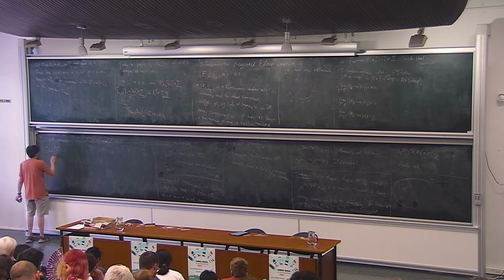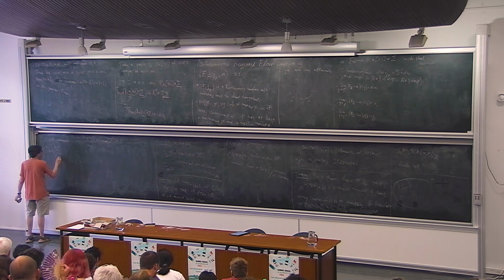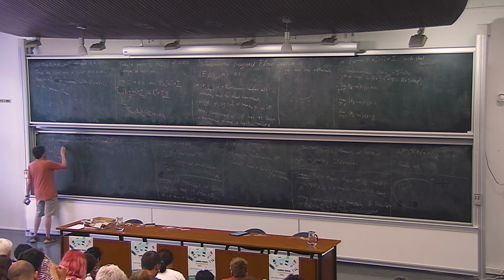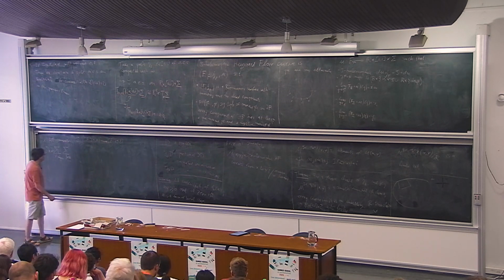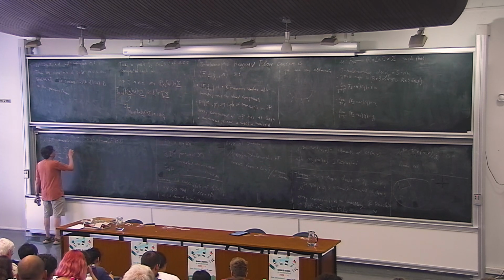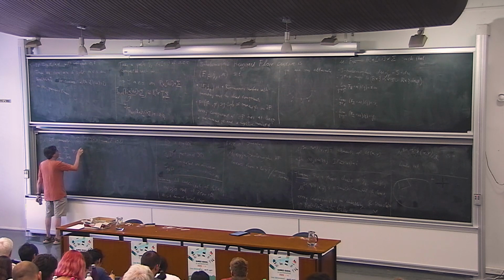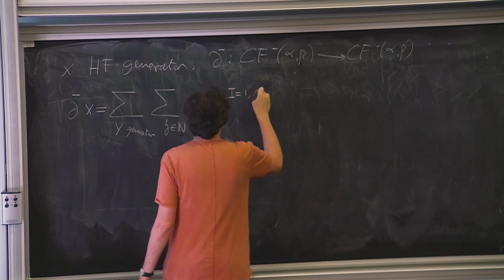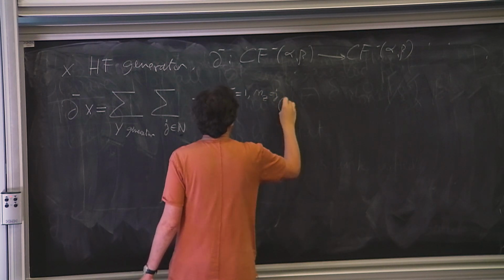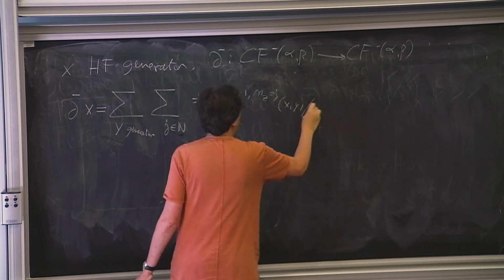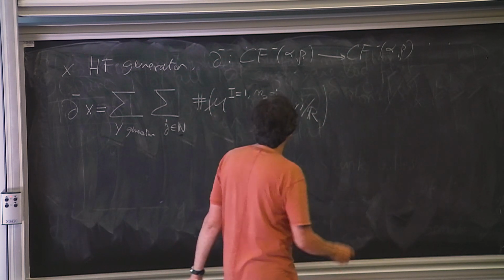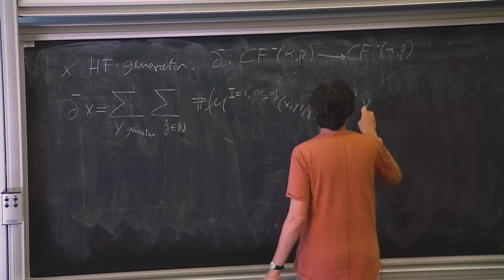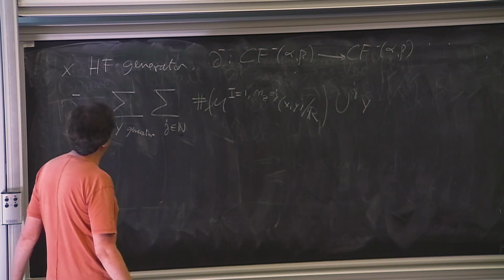This will be a sum over all other generators y, and a sum over j, a natural number; for me, natural number includes 0, of the number of points in the moduli space M with index equal to 1 and z equal to j of x, y, divided by R. I remind you that we have seen this is a finite set, so we can count it, times U to the j times y.